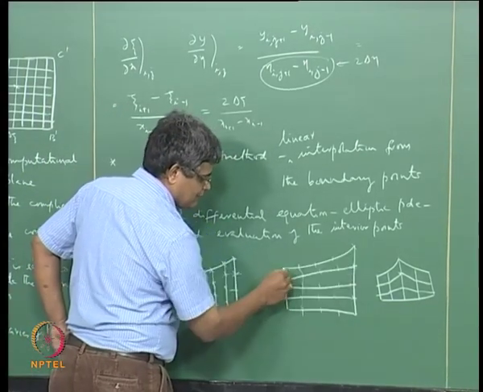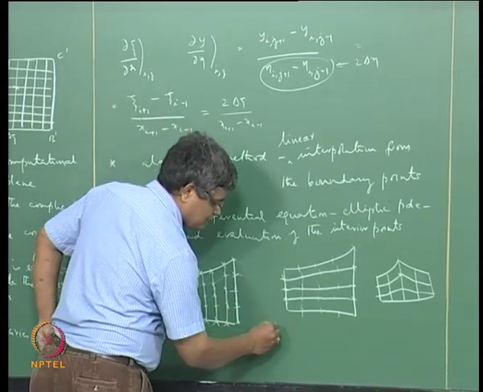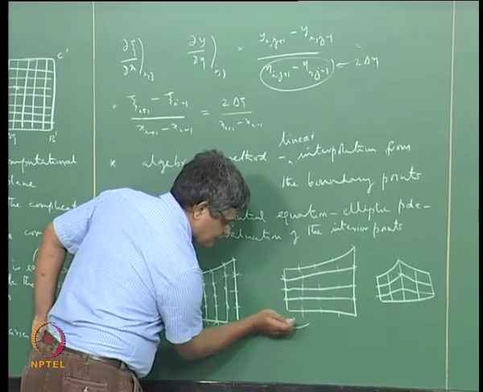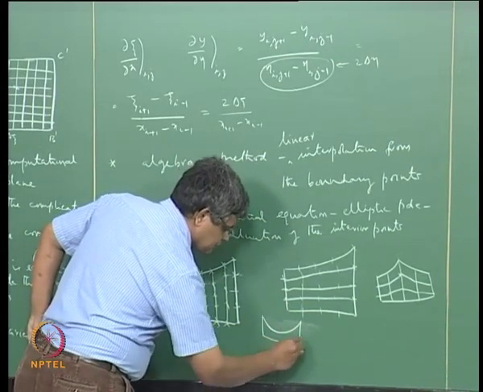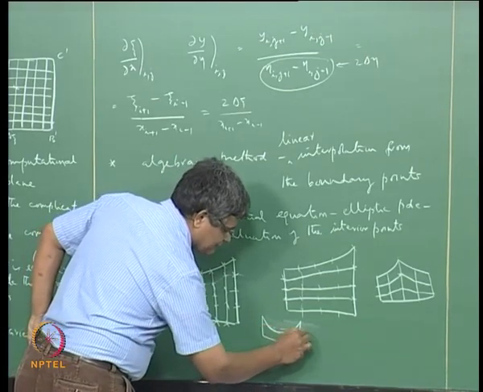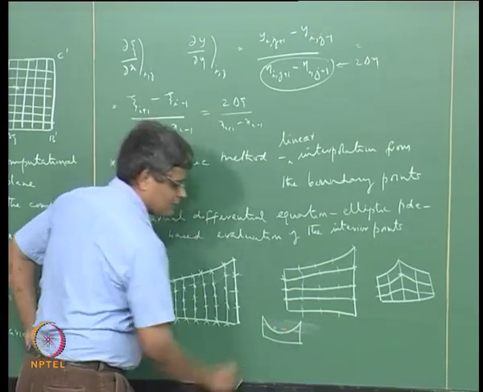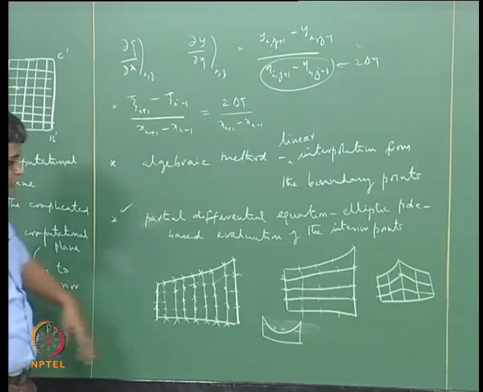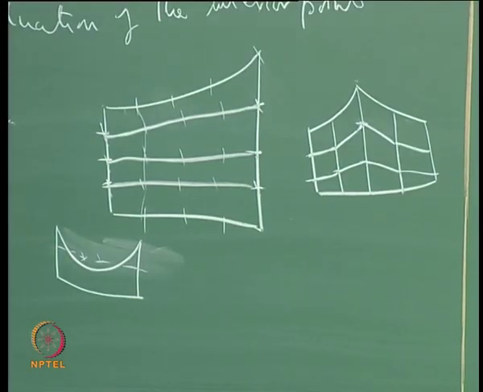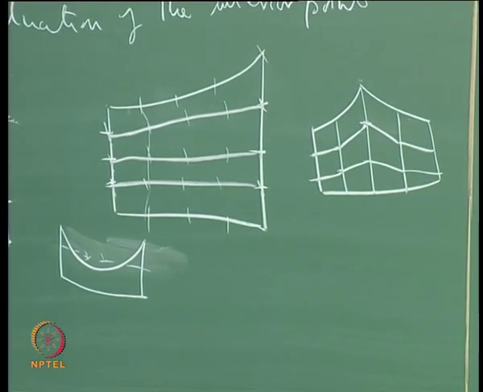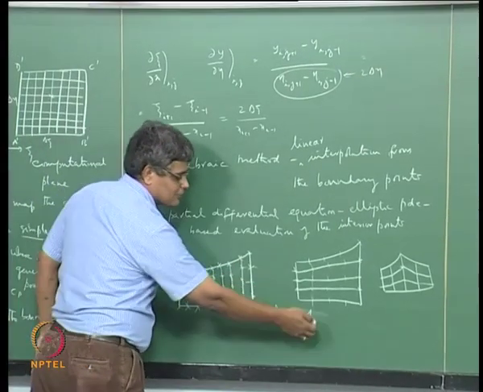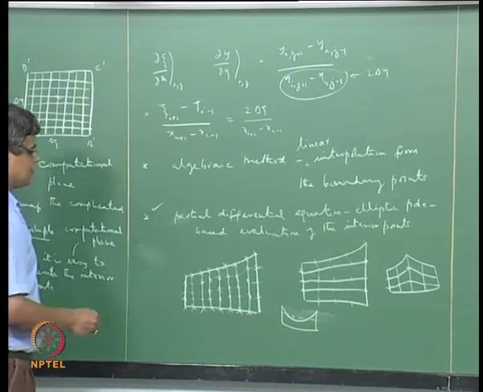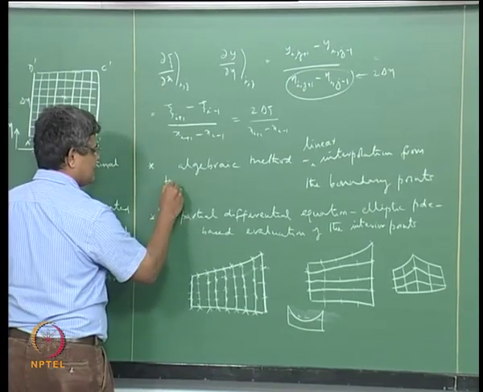For example, if one were to take a highly curved domain, one can conceivably get a point like this, and we can get points lying outside the domain here. So in such a case, we must have an algorithm which takes account of not only interpolation in this direction but also in this direction, and that kind of algorithm is what is known as transfinite interpolation.